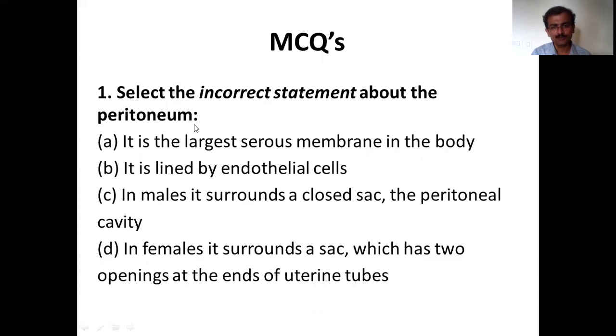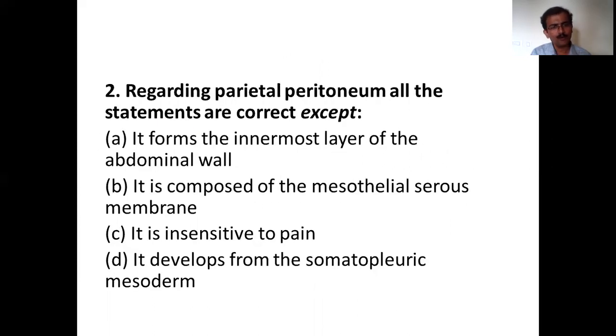These are questions related to peritoneum classes 1 and 2 altogether. Second question regarding the peritoneum: all the statements are correct except: it forms the innermost layer of the abdominal wall; it is composed of mesothelial serous membrane; it is insensitive to pain; it develops from somatopleuric mesoderm.